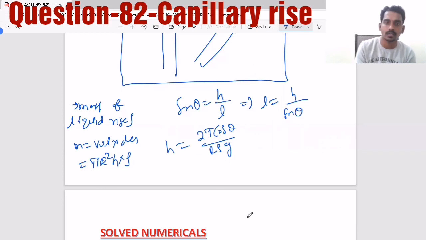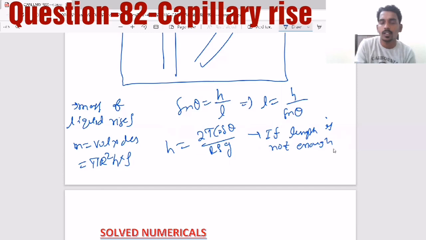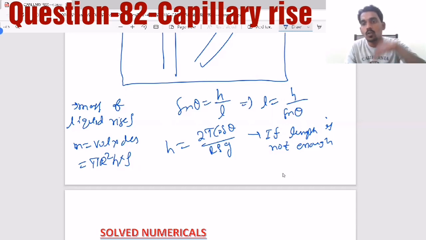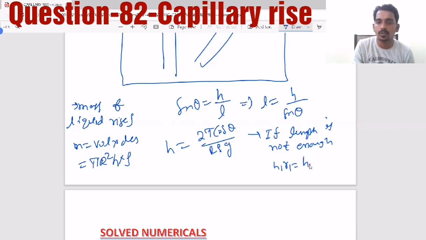Also, sometimes they can ask if the length is not sufficient, that is, the length above the liquid surface is less than the height the liquid can rise. Then the liquid will not overflow. It will adjust its radius such that H1R1 equals H2R2. So these are the different things they can ask based on capillary rise.